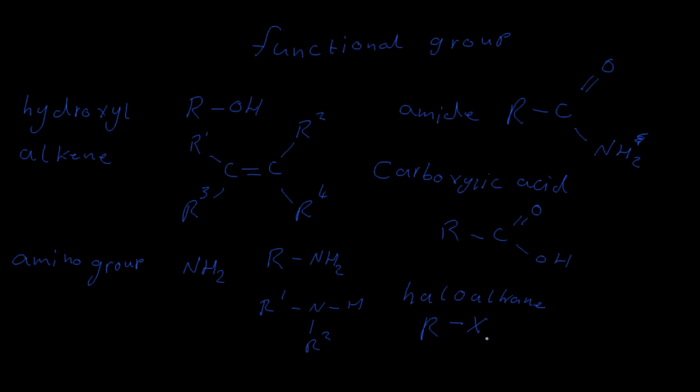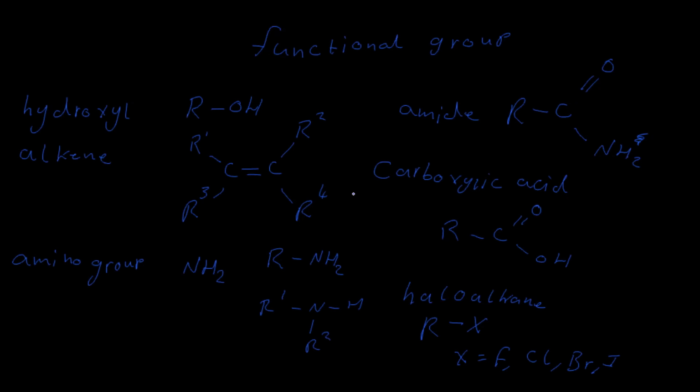So that's going to be fluorine, chlorine, bromine, or iodine. And they're the halogens which can represent X. And those are the main functional groups that you're going to find in organic chemistry molecules.